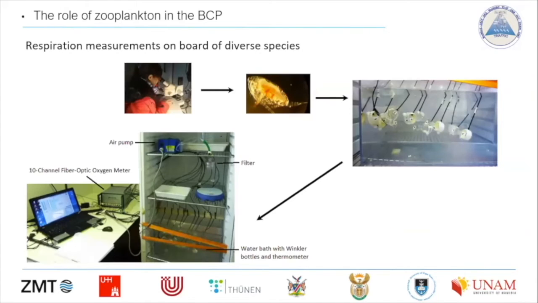We did respiration measurements on board of diverse species as a metabolic proxy, so that we sort the net samples directly on board, choose the key species and make respiration measurements with them on board with this 10-channel fiber optic oxygen meter.